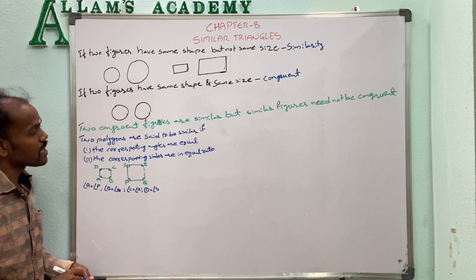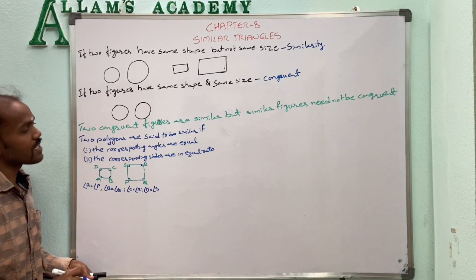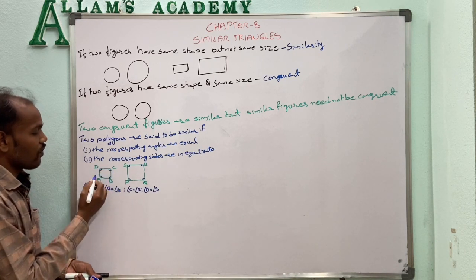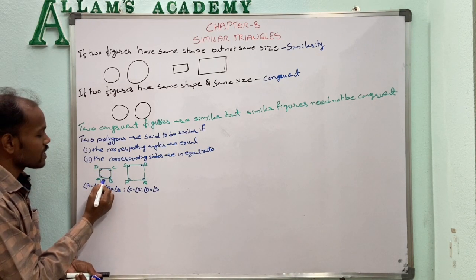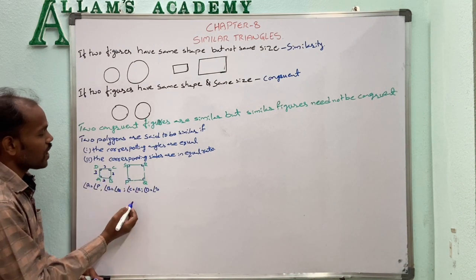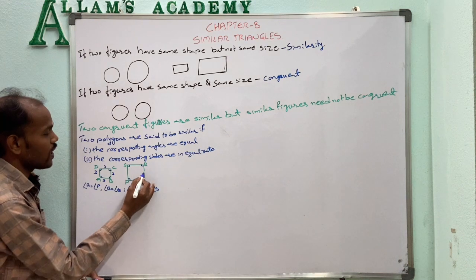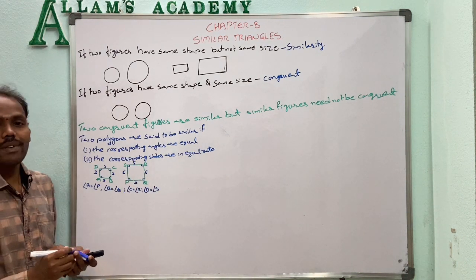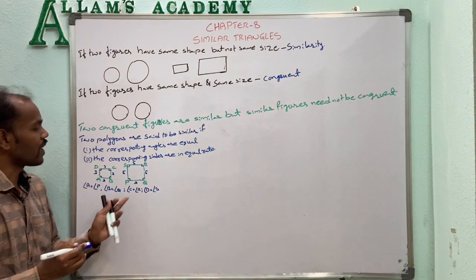Next, if we observe the corresponding sides ratio, suppose this square is drawn with 3 centimeters and this square with 5 centimeters. Square means all sides have equal length.